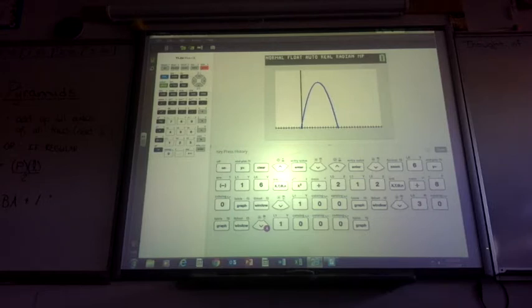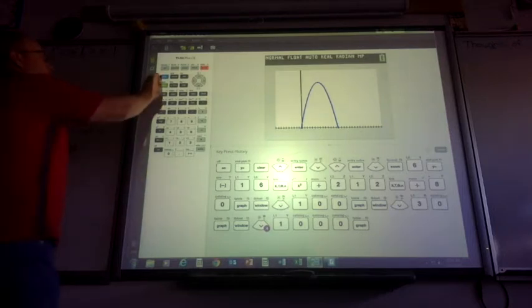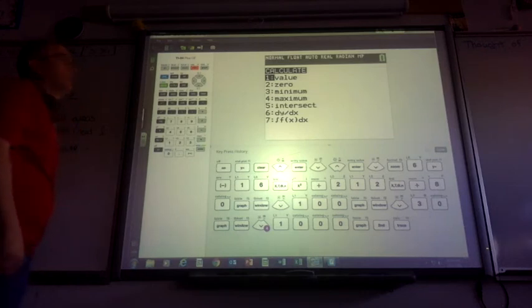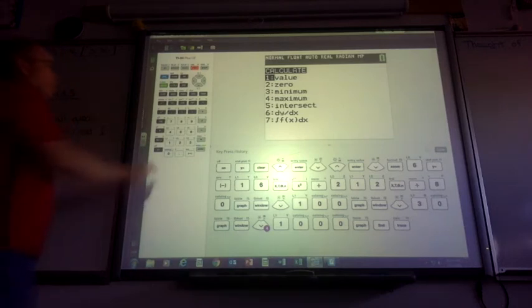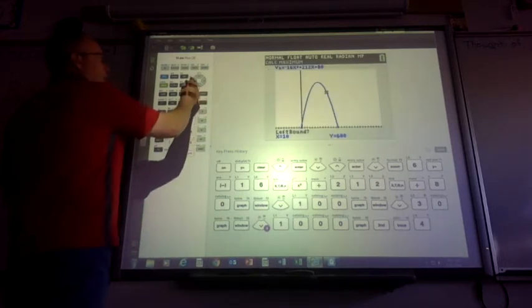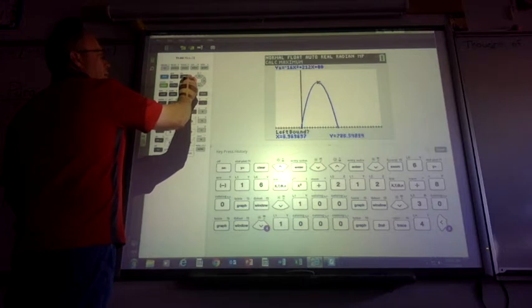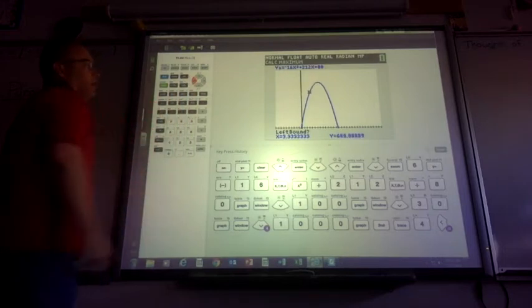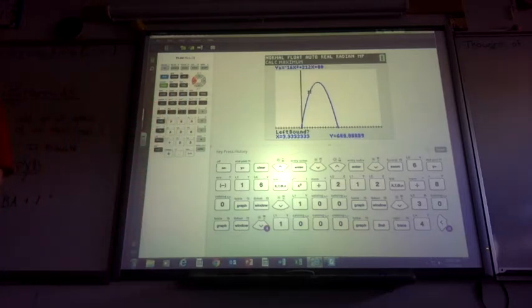Okay, so I'm looking for a maximum, correct? So we'll use the same key. I'm going to go second, trace, and I want to find a what? Maximum, which is number 4, or you can arrow down to it and hit enter. And it says, hey, I want to be on the left side of the maximum. So you have to make sure your cursor is on the left side of it. Is my cursor on the left side of where that maximum will take place?